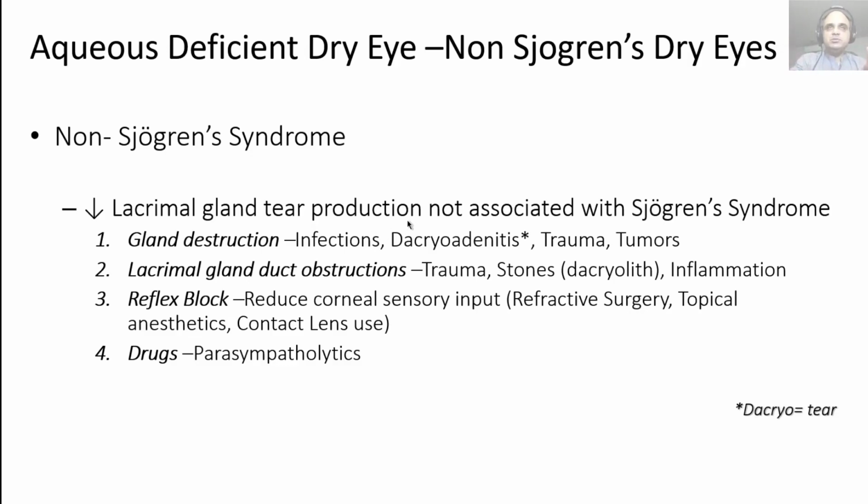A better word to describe a reflex block. And one of the reasons of a reflex block is refractive surgery, together with topical anesthetic use and contact lens wear, prolonged contact lens wear. And finally, drugs, parasympatholytics. We've already talked about how parasympatholytics reduce lacrimal gland secretion, because the lacrimal gland is stimulated by the parasympathetic nervous system.